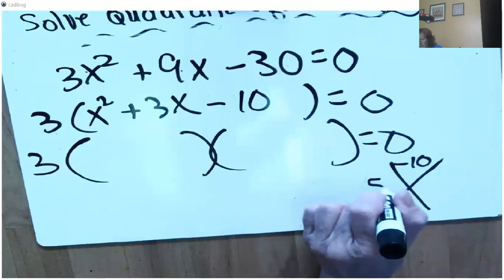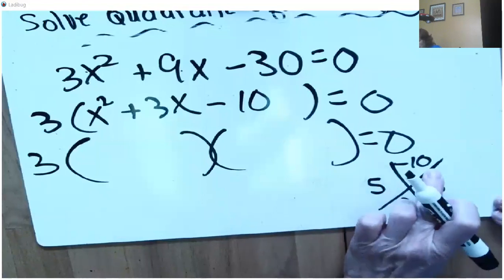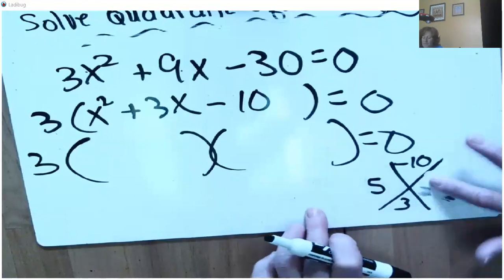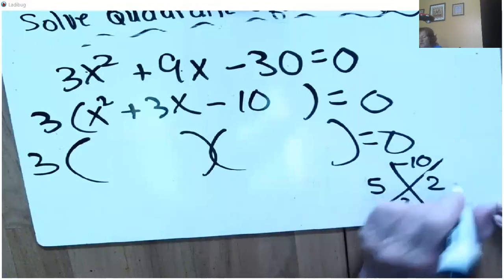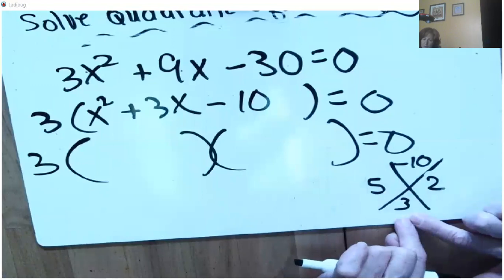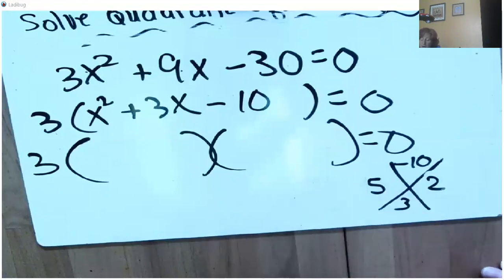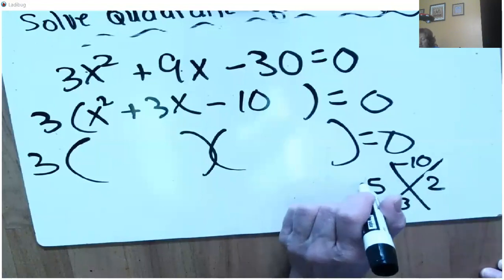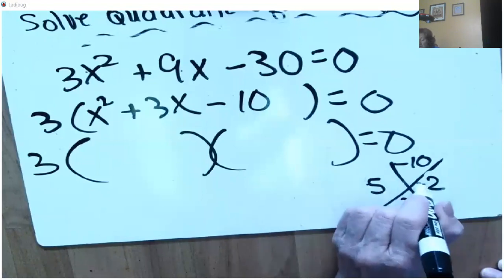5 times 2 is 10, but if I add those, I don't get a 3. So I know one of them has to be negative, and I want my answer when I add them to be positive. So I need to have more positives than negatives.